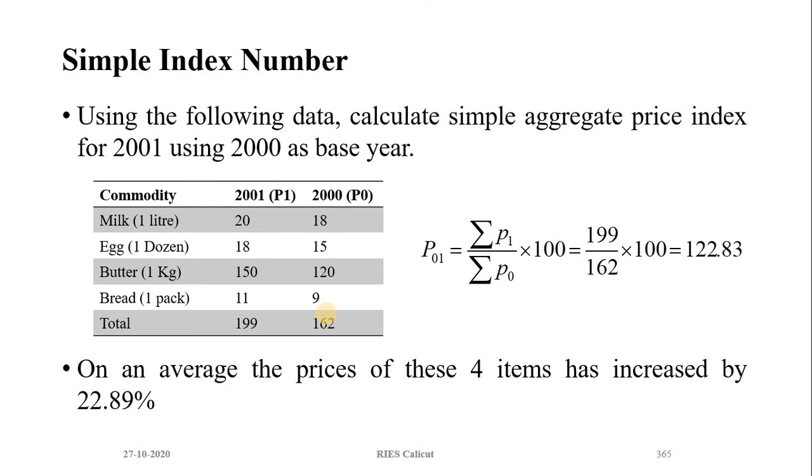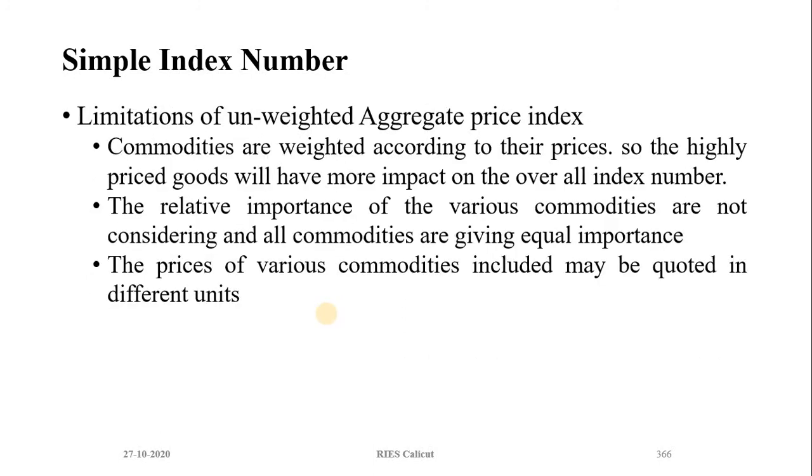So 122 minus 100 is 22.83%. So on an average, the prices of all these four commodities have been increased by 22.83 percent. And this is about the simple aggregate price index number.